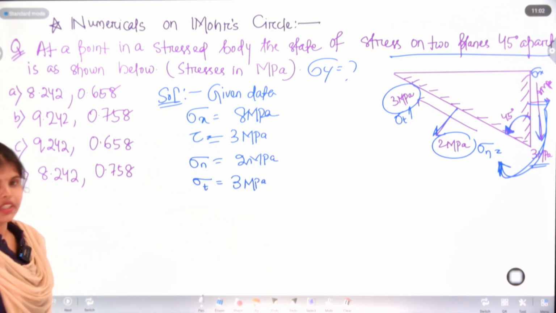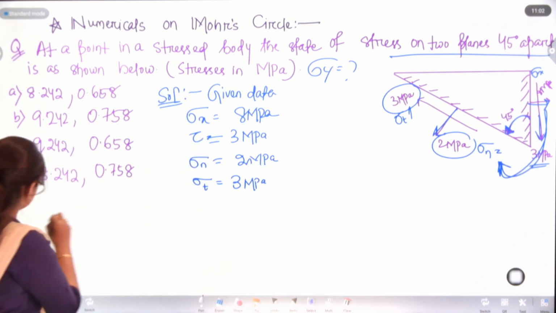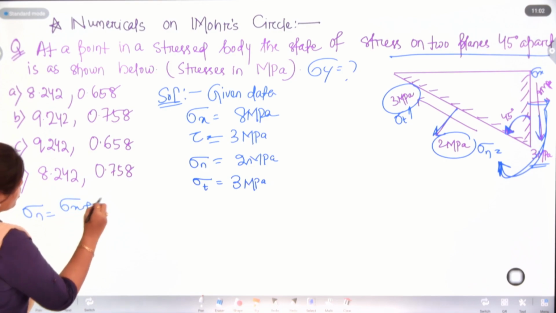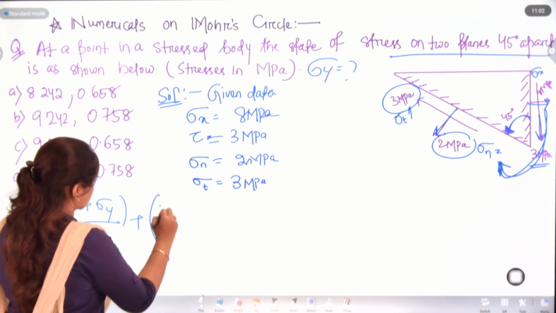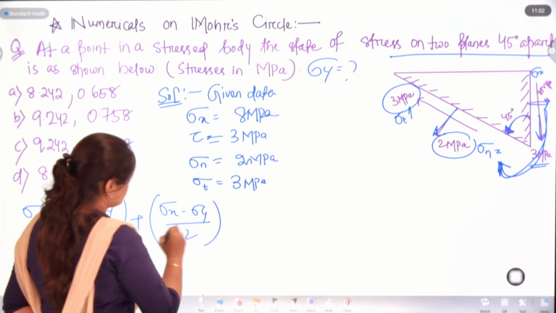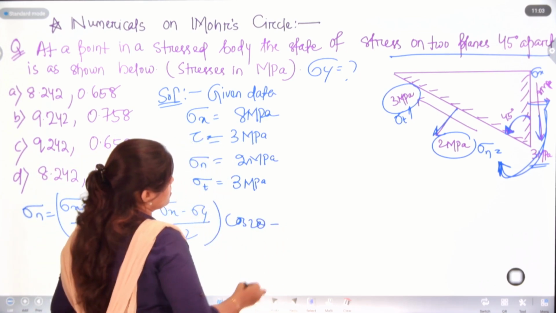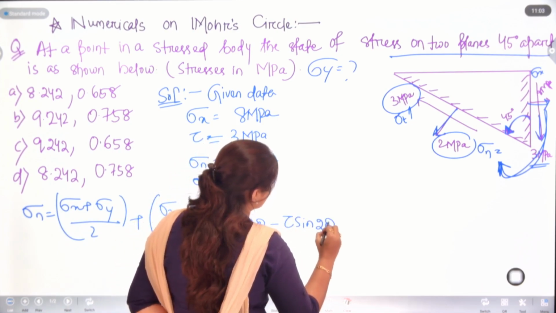To solve this, we know the formula for sigma n as sigma x plus sigma y upon 2 plus sigma x minus sigma y upon 2 into cos 2 theta minus tau sin 2 theta.